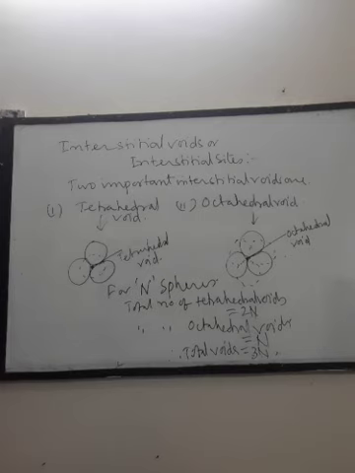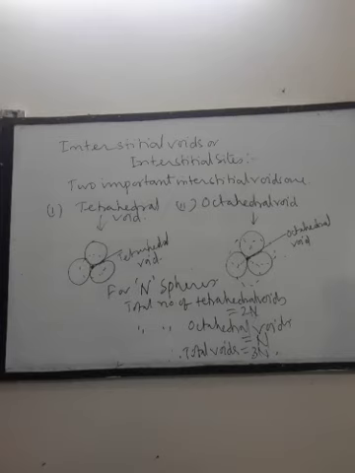For example, if 10 spheres are involved in an arrangement in 3 dimensions, then what is the total number of tetrahedral voids? Twice n, so 2 into 10, 20. Octahedral voids, n, means 10.